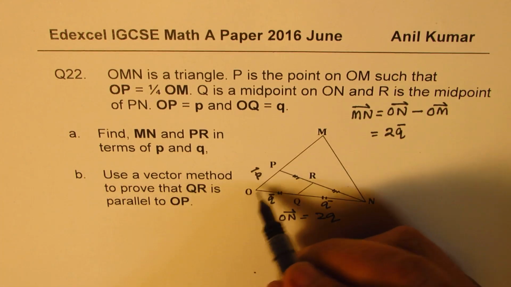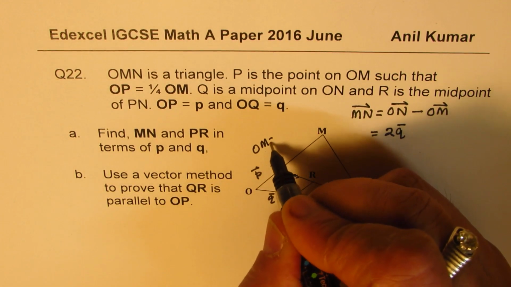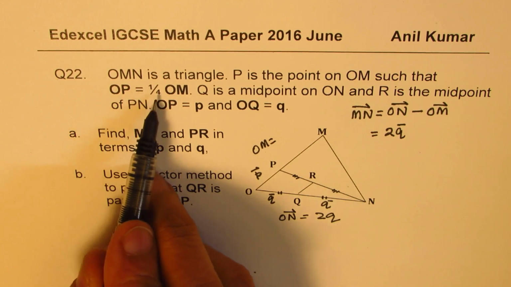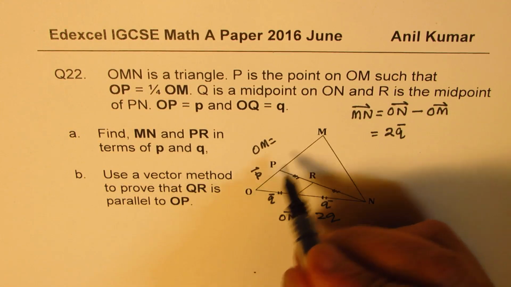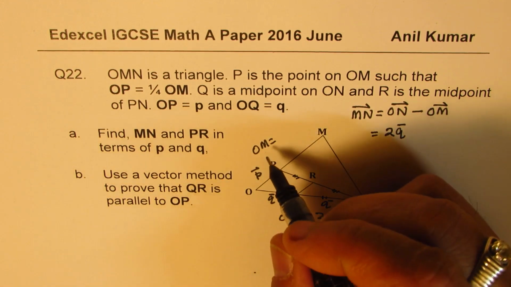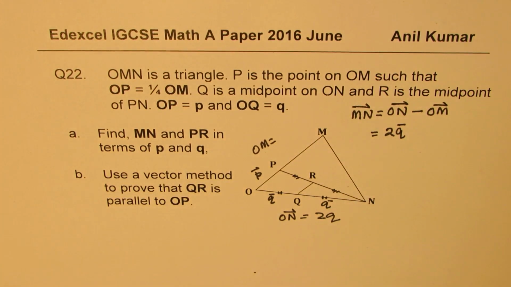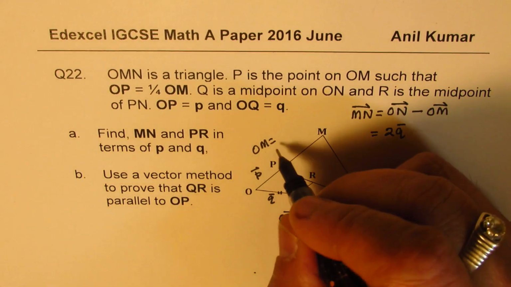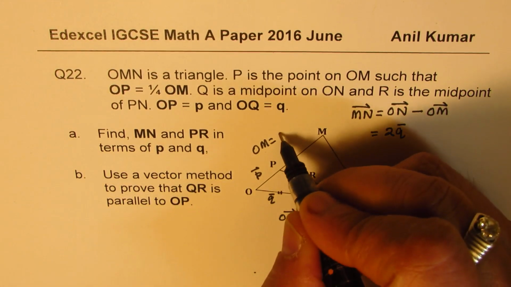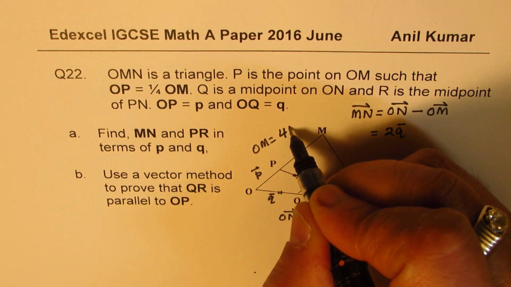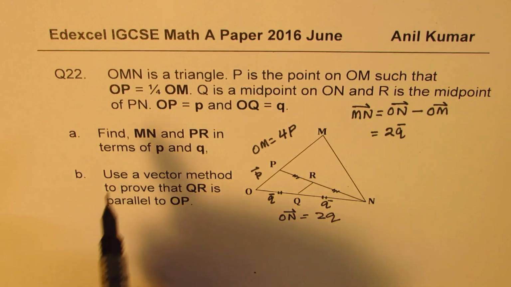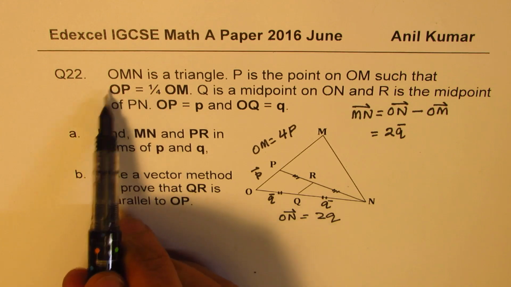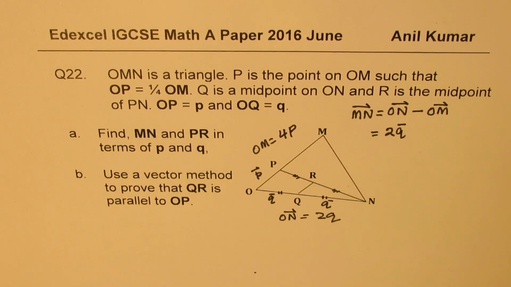And O to M is equal to, because we are given OP is 1/4 of OM, so since this is 1/4 of OM total length, O to M will be 4 times P, correct? So directly from here we get OM is 4 times P. Let me rewrite this.